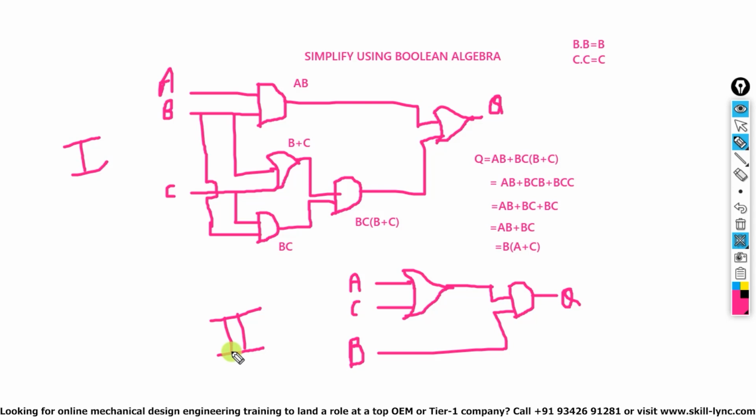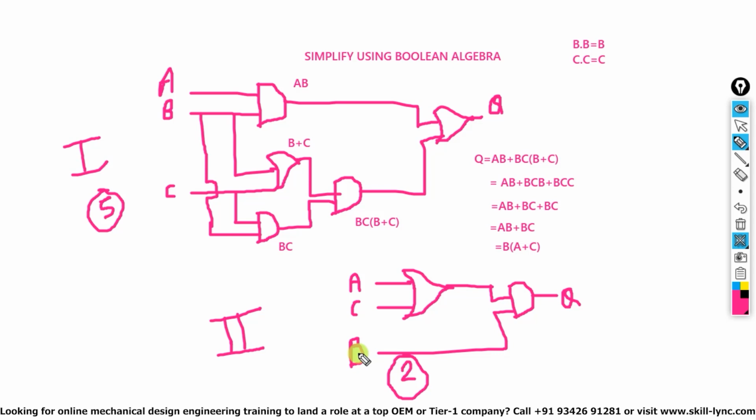Circuit 2 has only 2 logic gates, one OR and one AND, instead of 1, 2, 3, 4, 5, where 5 logic gates are there. You can estimate that if the logic gates are fewer, the operating speed is much higher.